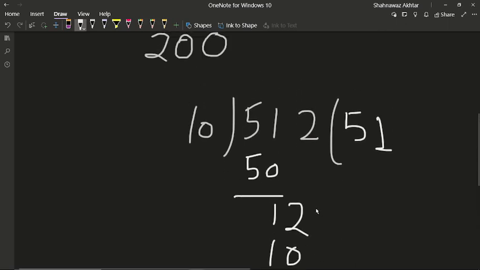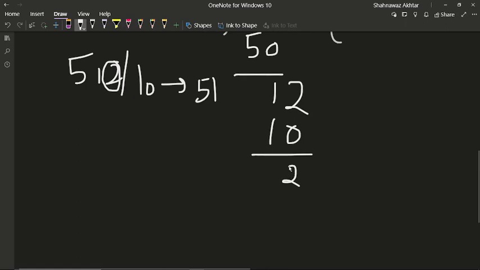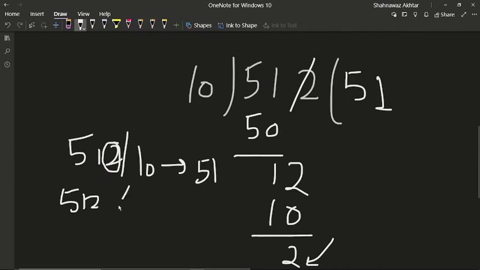So what you are seeing here is that if we divide a number by 10, we get this last digit eliminated. 51 is a form of 512 in which this digit has been eliminated, and the eliminated digit is the one coming in the remainder. So if you find the remainder of 512 after dividing by 10, you will get the last digit which you have deleted.